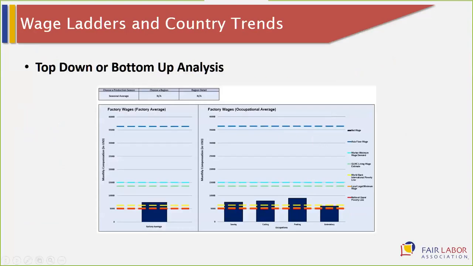So in general, there are two ways that you can use the wage ladder to analyze your data. You can either look at your factory's wages from a top-down or a bottom-up analysis.